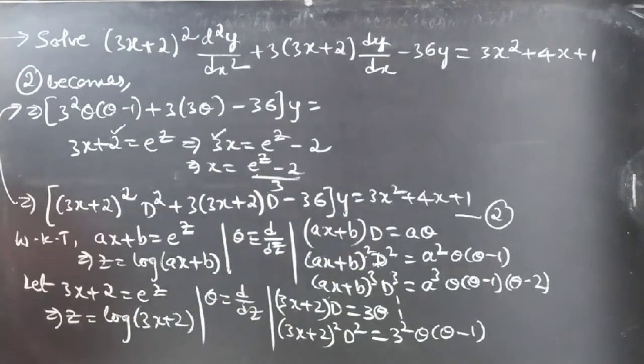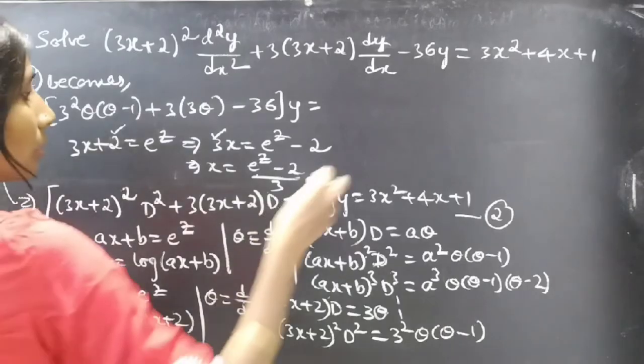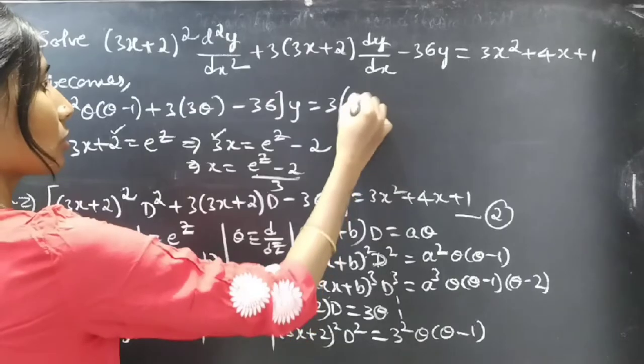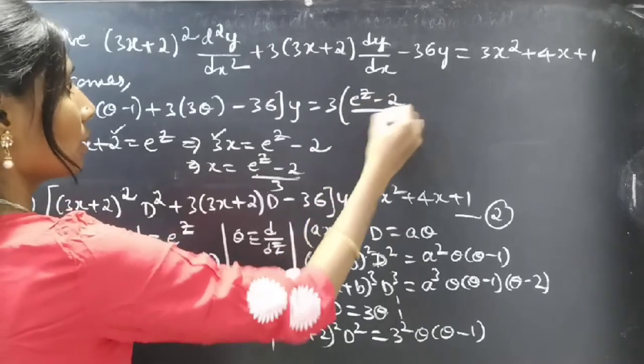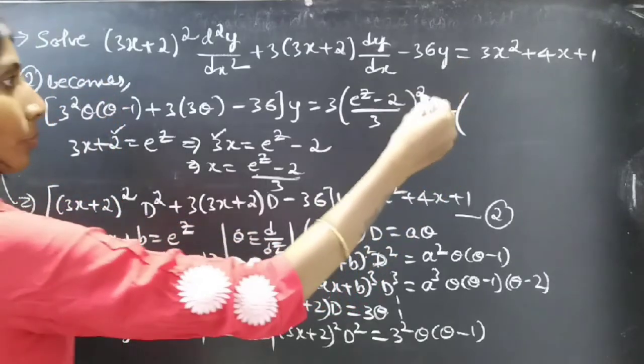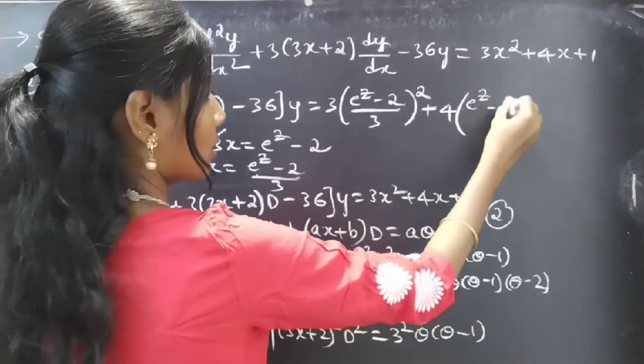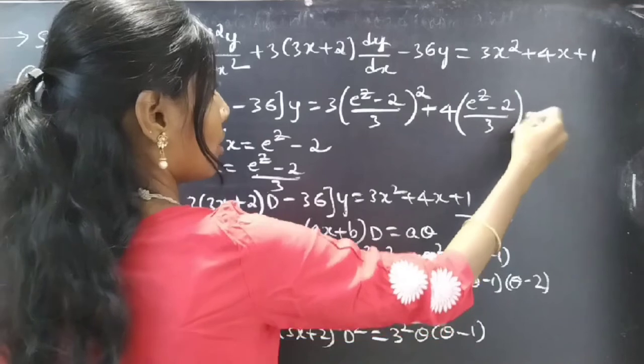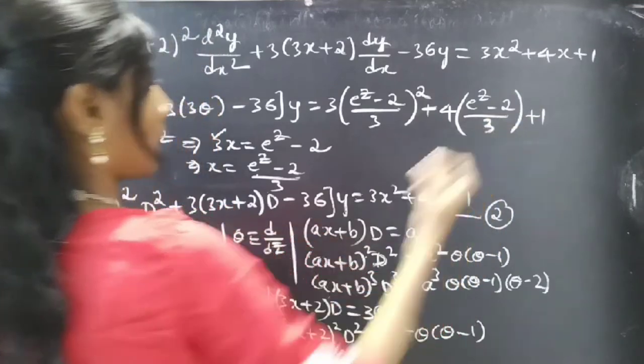So we are writing the equation in terms of theta and z, okay? We'll get 3 times ((e^z − 2)/3)² + 4 times (e^z − 2)/3 + 1.